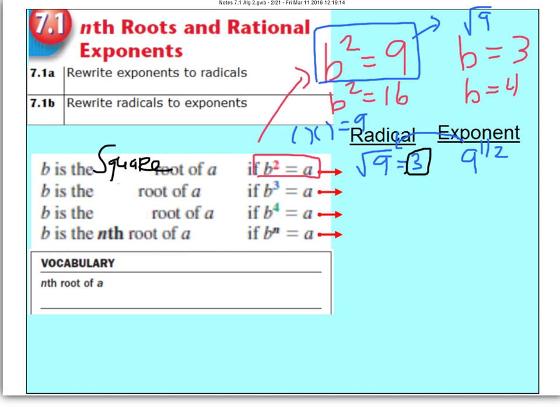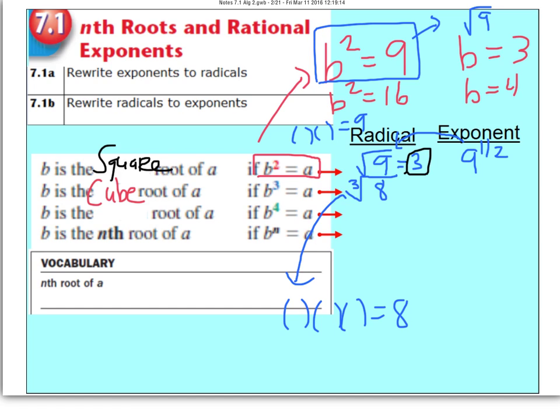Now, another type we can look at is called the cube root. And that deals with the 3 because cubes are 3. So here's an example of that. Here's what the cube root looks like as a radical. It looks like a little square root symbol, but I'm going to put a little 3 in there, and the number 8. What cube root means is this: what number 3 times gets me 8?